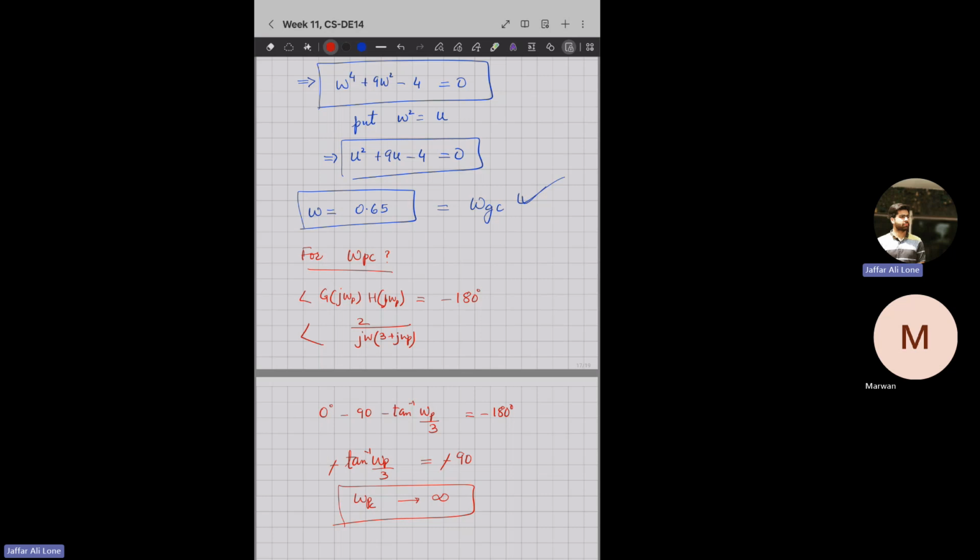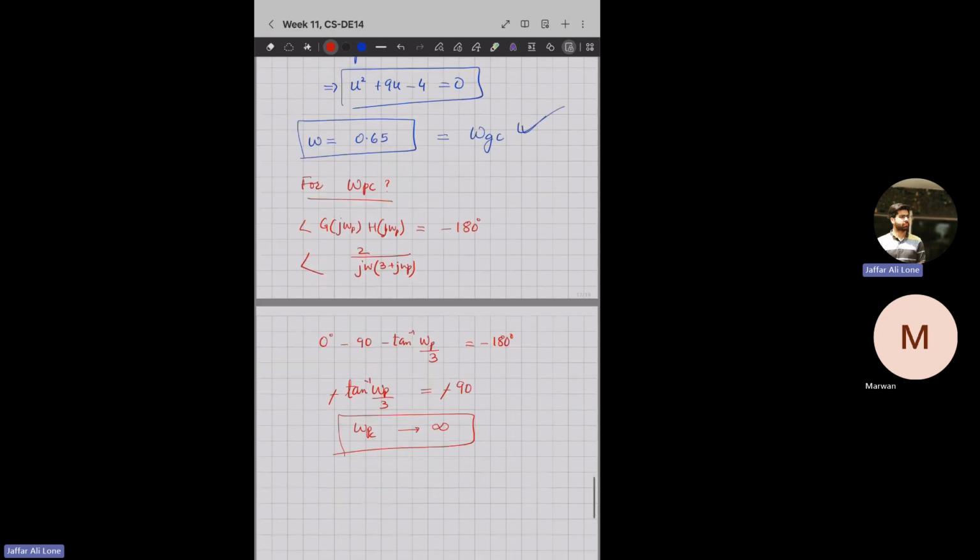Then we started relative stability, where we saw what gain crossover frequency, phase crossover frequency, gain margin and phase margin are, both in decibels and as normal magnitude. And then you saw that if both your gain margin and phase margin are positive, your system is stable. Gain margin in decibels, of course. If your gain margin and phase margin are negative, your system is unstable.